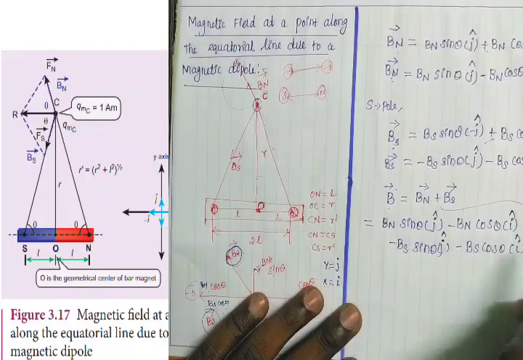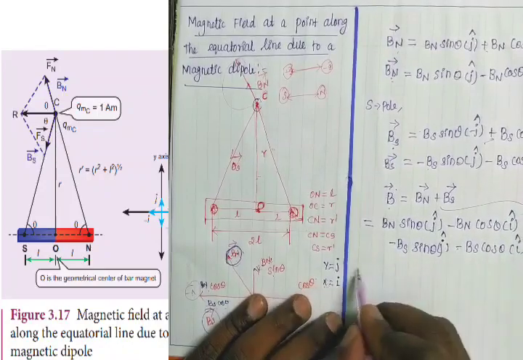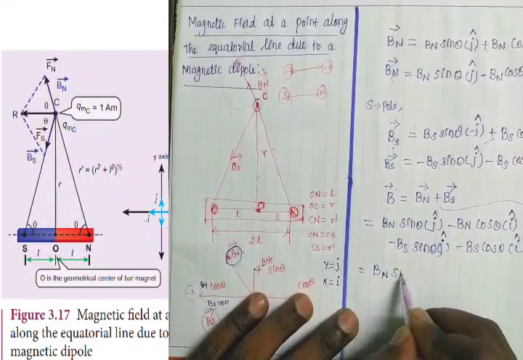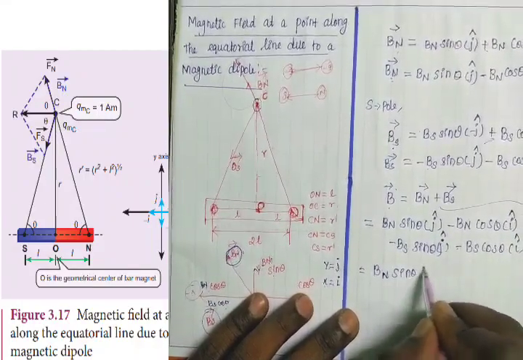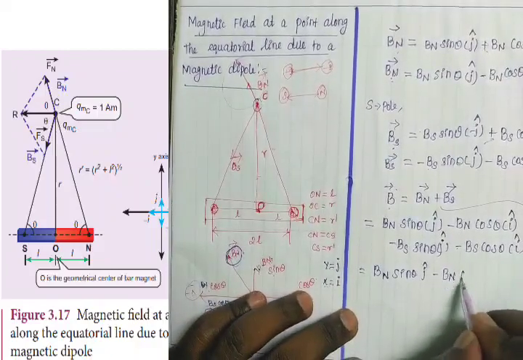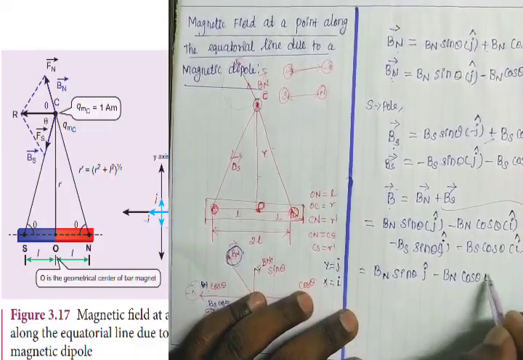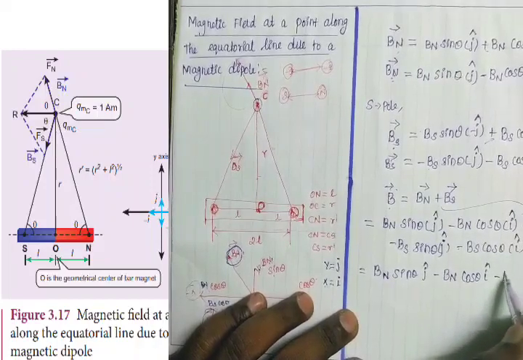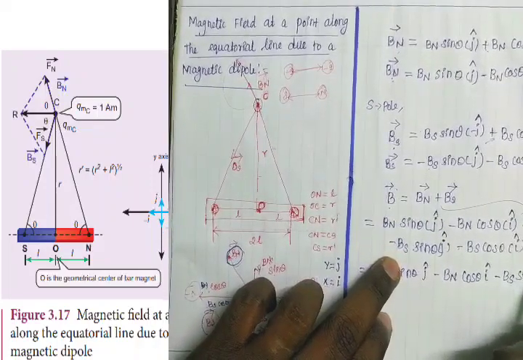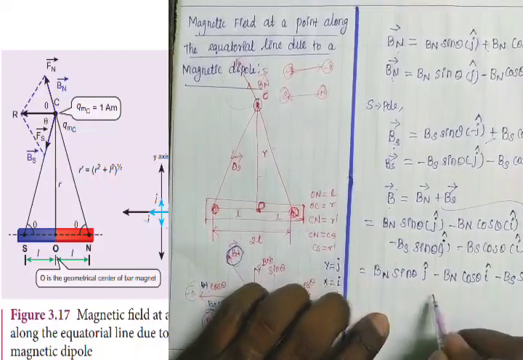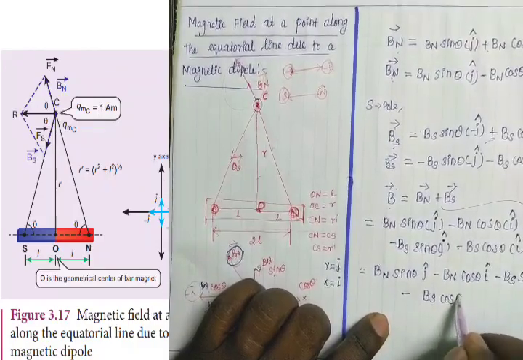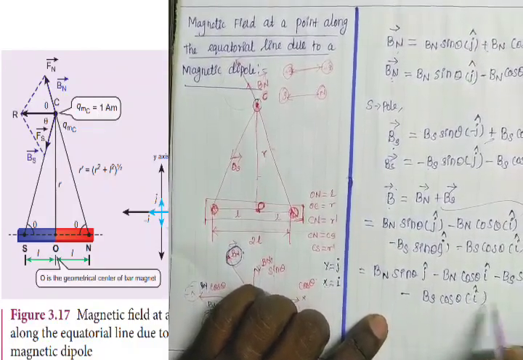So plus and minus minus, plus and minus minus. So B n sin theta j cap minus B n cos theta i cap minus, here third one, B s sin theta j cap minus B s cos theta i cap.